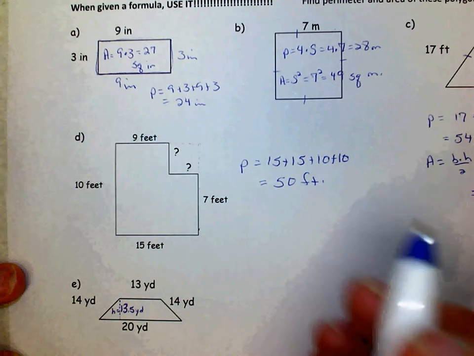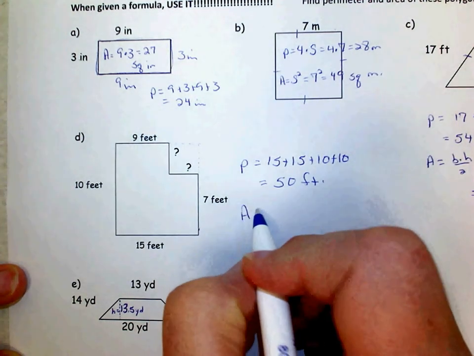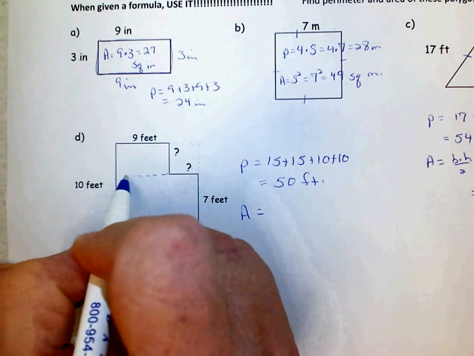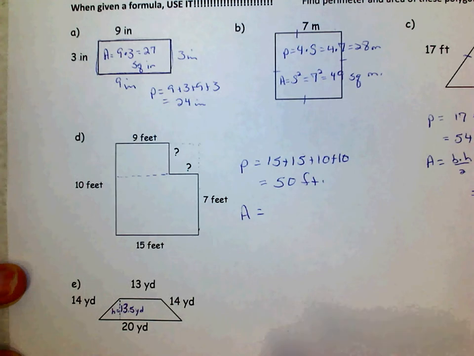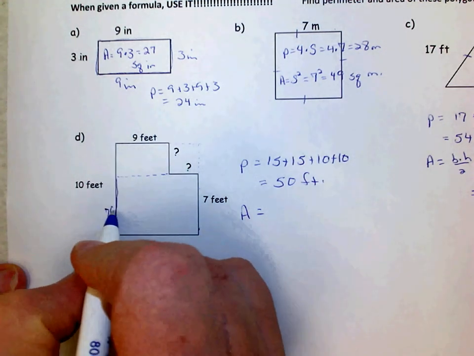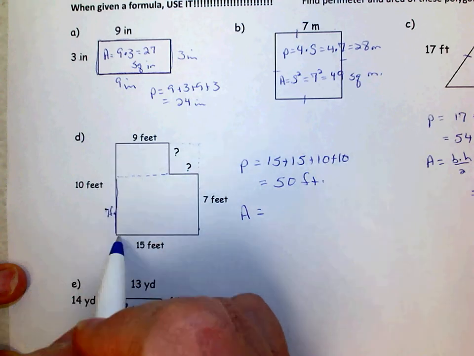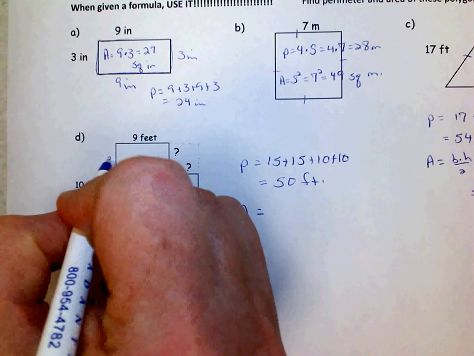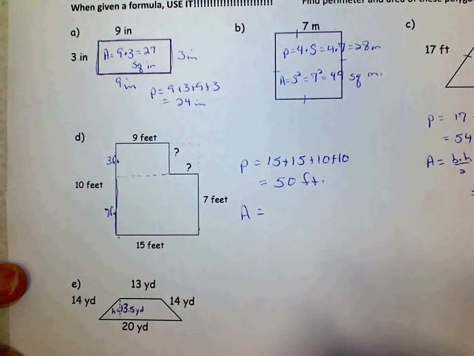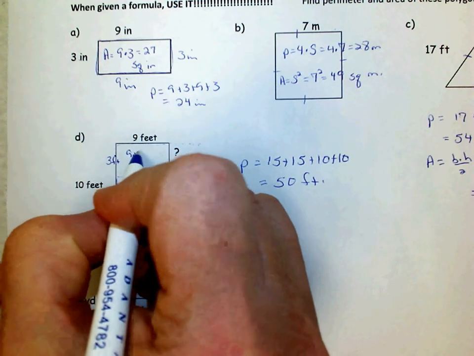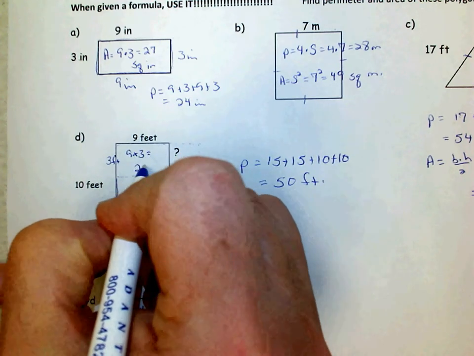Now for the area, we have to split this into 2 pieces. Now I know that this part of it is 7 feet, and the whole thing is 10, so 10 minus 7 leaves us 3 feet for this part of it. And this tells us 9, so 9 times 3 gives us 27, and we hold on to that.